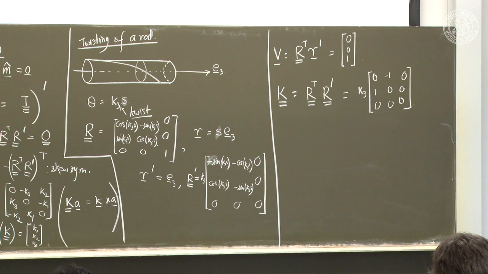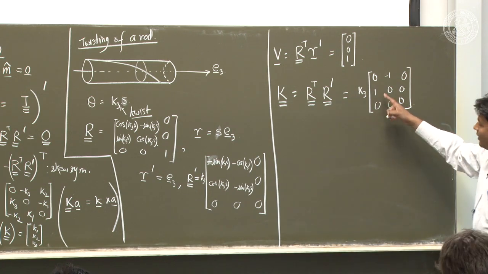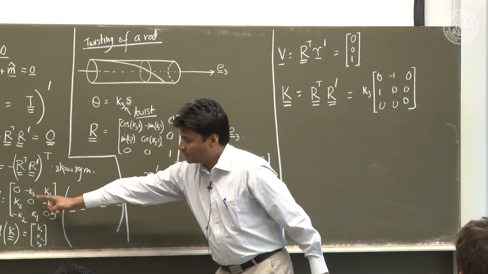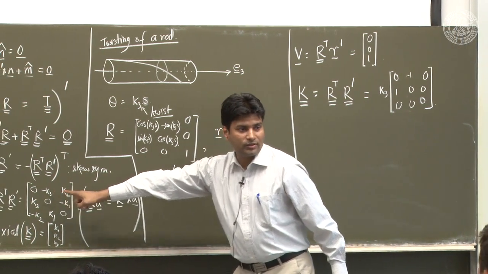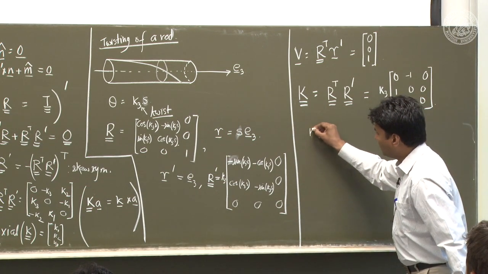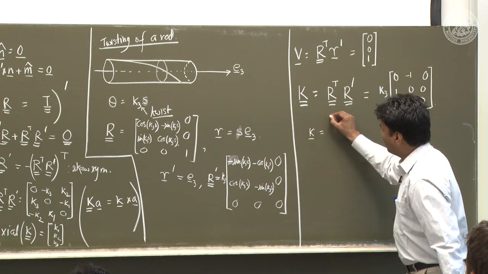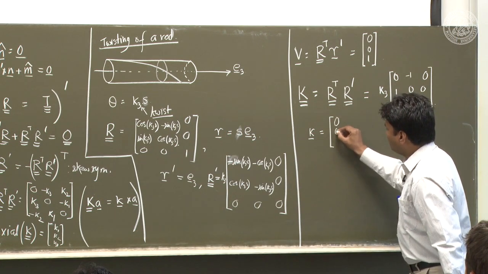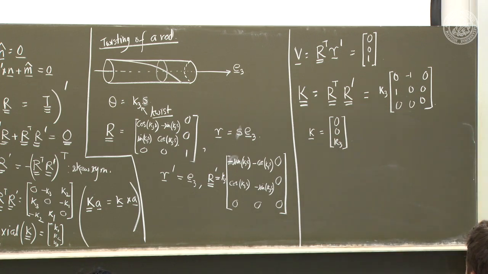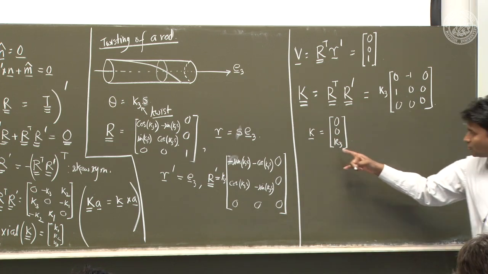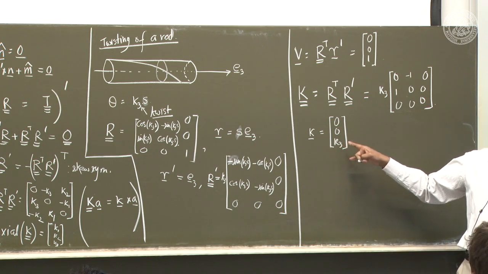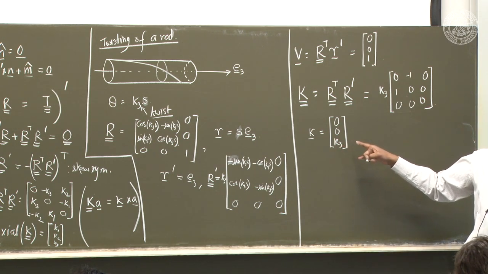Okay? And you see, if you compare this with that K over here, you have that same K3, right. So, from here when you extract your little k axial vector, it becomes 0, 0, K3. So, what this tells you is that the third component is actually denoting twist, right.